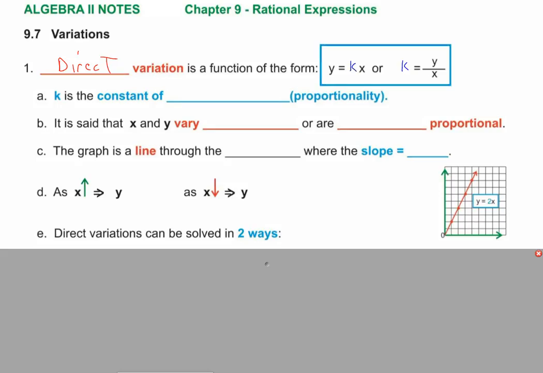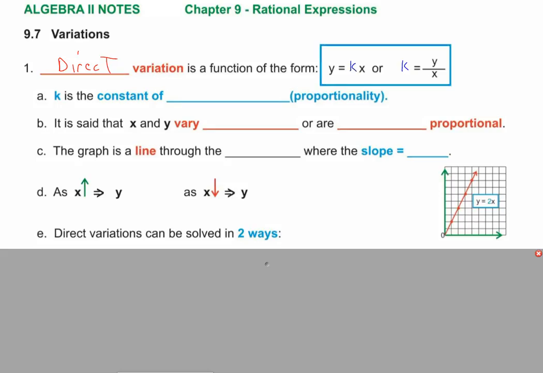Okay? So really, if it were me, I would just focus on y equals kx. If you know that, you can do everything. You got one less thing you got to remember. If they ask you for k, you stick in y, you stick in x, divide y by x. Not a big deal. All right.